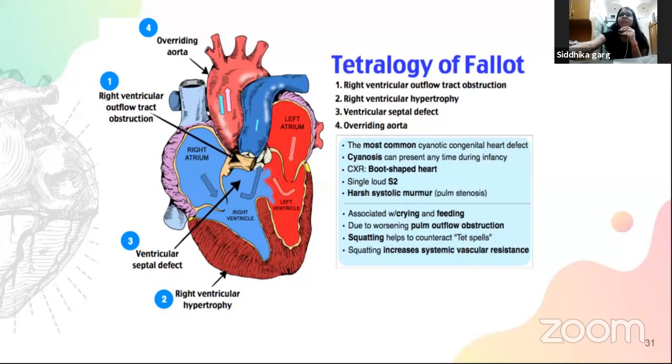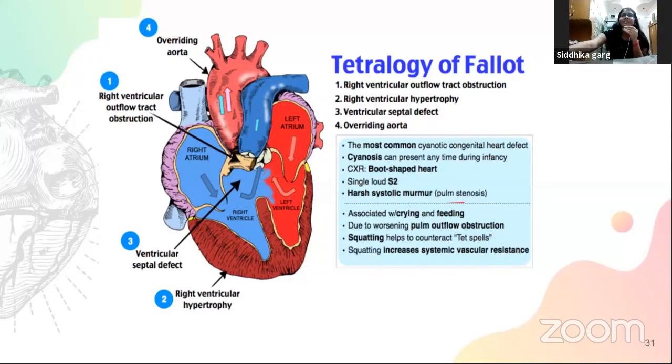Yes, the semilunar valves of the aorta and pulmonary. Here the pulmonary component is weak, so the single loud S2 is only due to the aortic semilunar valve. Harsh systolic murmurs are also present.